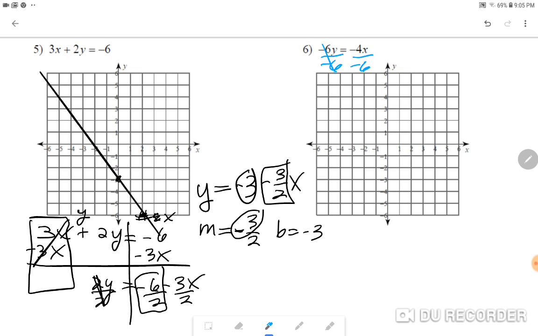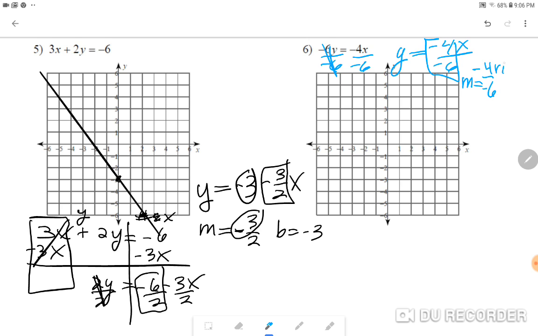The negative 6 are going to cancel, so you have y is equal to negative 4x over negative 6. And in this case, this will be your m value. So my m would be slope negative 4 over negative 6.